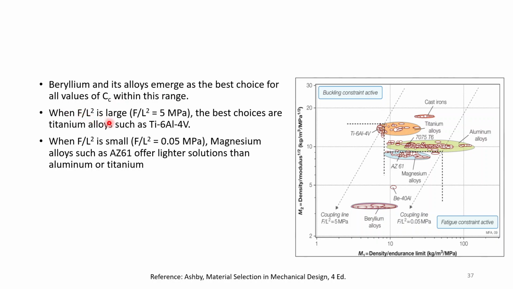When F upon L square is large, for example when it is 5, the best choices are titanium alloys such as Ti-6Al-4V. When F upon L square is small, F upon L square equal to 0.05 MPa, magnesium alloys such as AZ61 offer lighter solutions than aluminum and titanium.